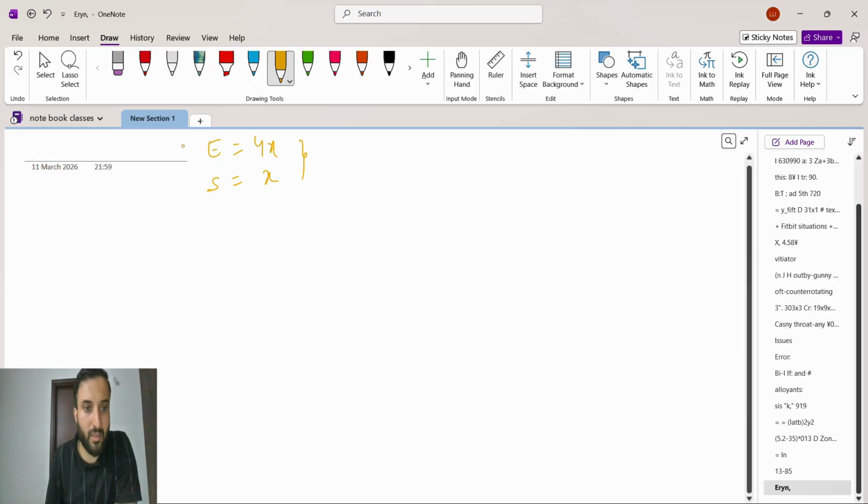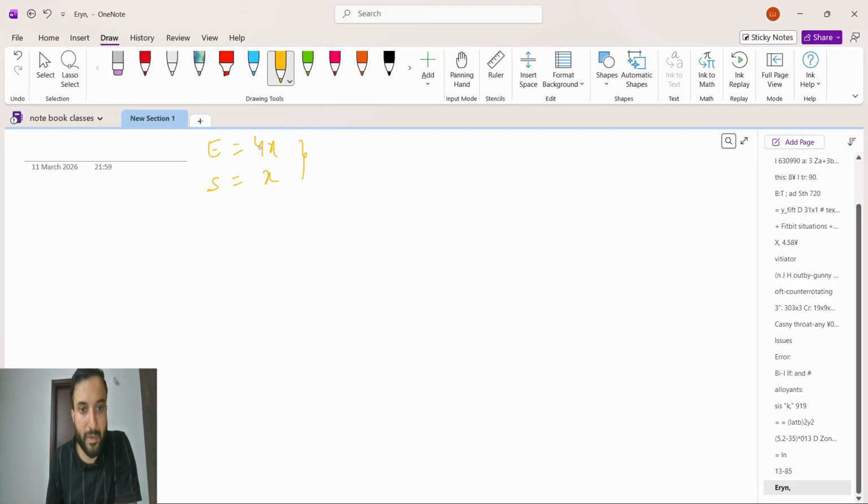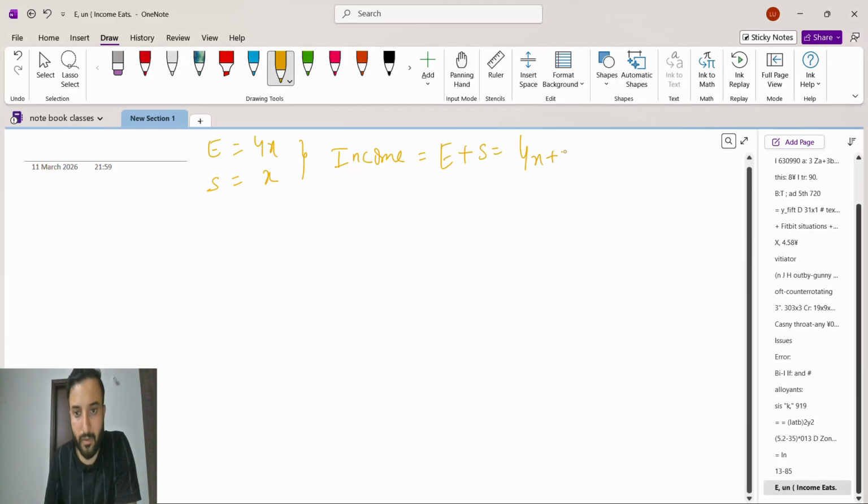If I know the expenditure and saving, then I can write the income. Income formula is what? Income is expenditure plus saving. 4x plus x, the income will become 5x.